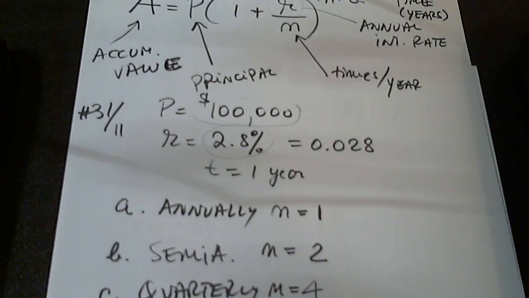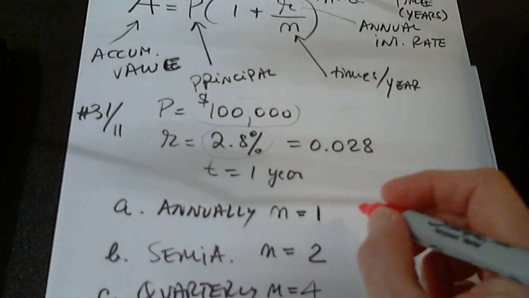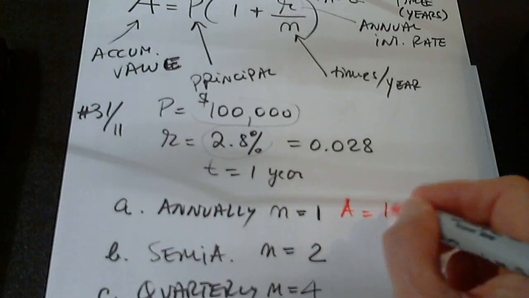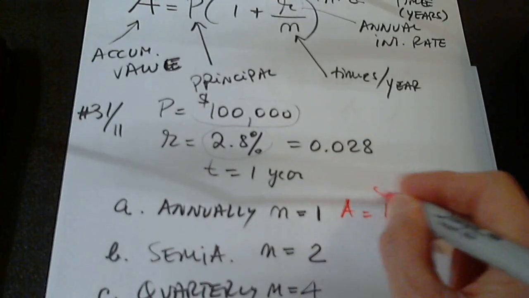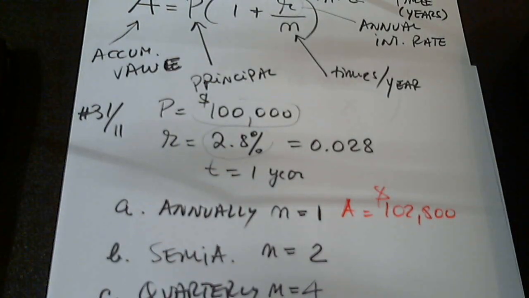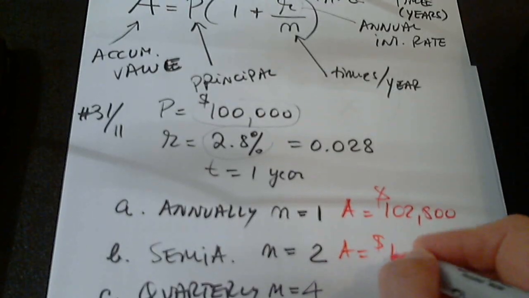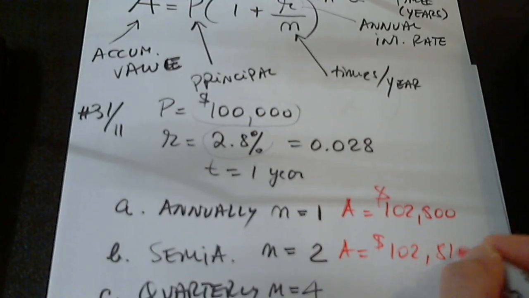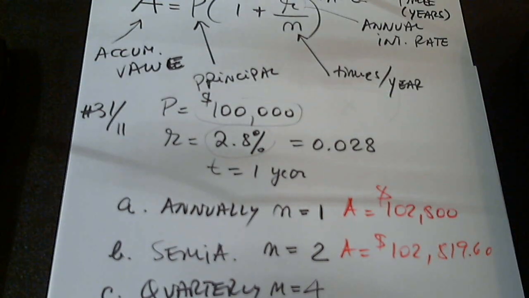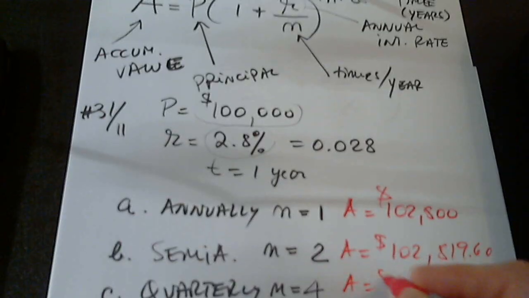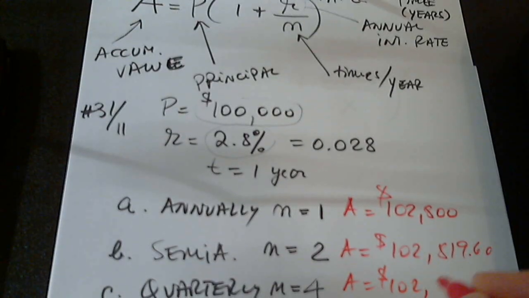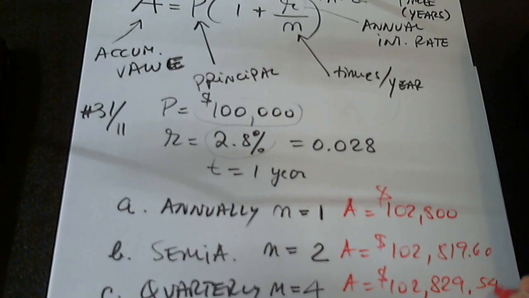What are they? First, the accumulated value is 102,800. The second accumulated value, notice that I highlighted because the decimal digits may not appear, is 102,819.60. The next one, 102,829.54.